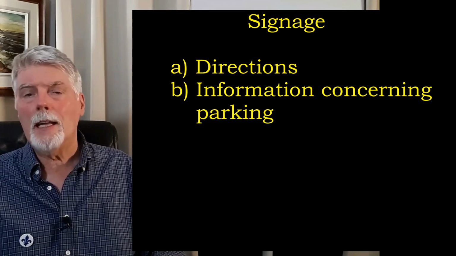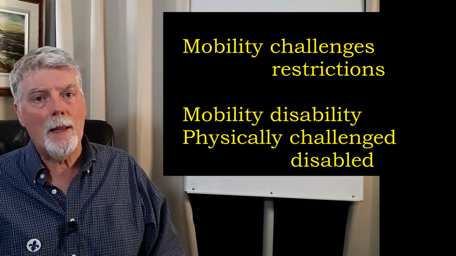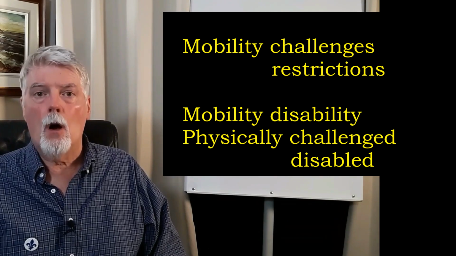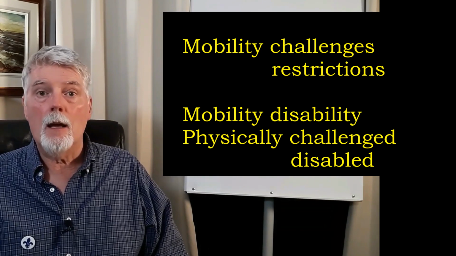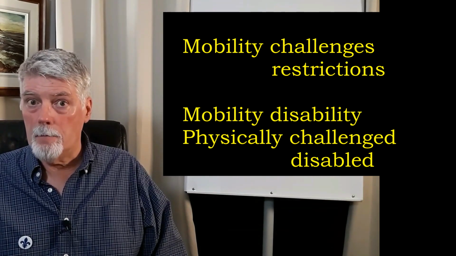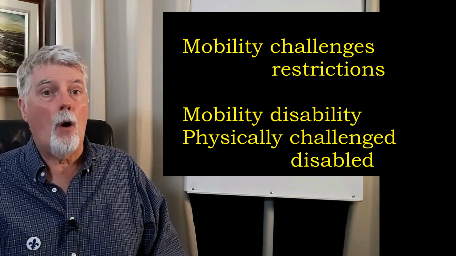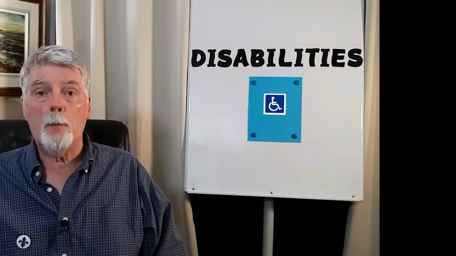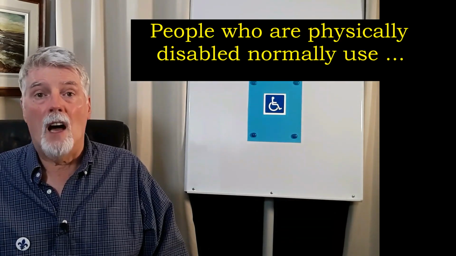Also, signage is important because directions need to be followed by certain people, or people have to know if they can park in certain places if they have a mobility restriction and say they use a wheelchair or some other device. Now, getting into the specific vocabulary, we talk about mobility challenges or restrictions, or someone who has a mobility disability, or they are physically challenged or physically disabled. Now, when we talk about people who are physically disabled, normally they use a device.